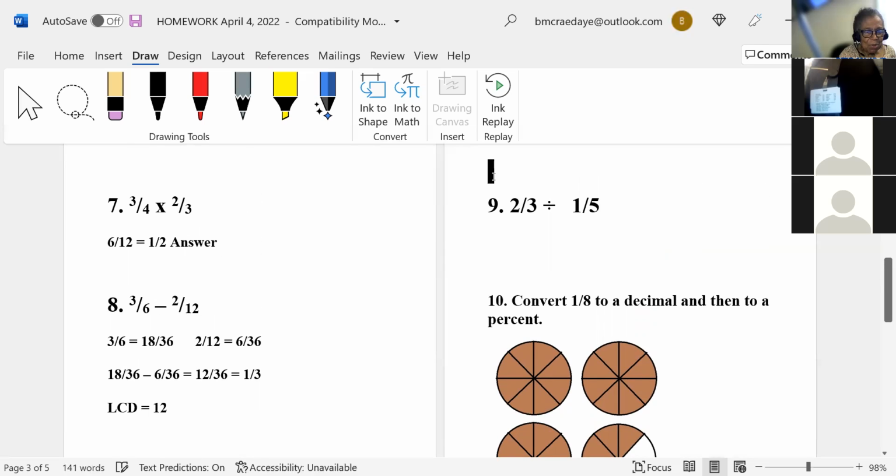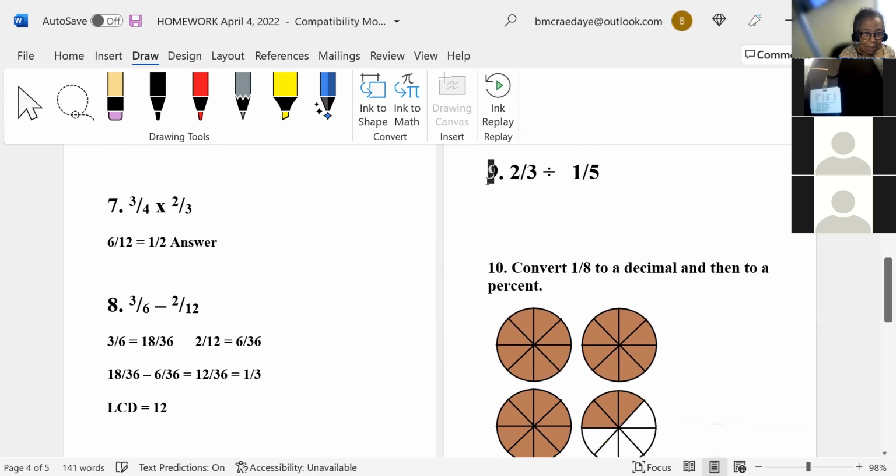Now, Maureen, I want you to do number 9. This is division, 2/3 divided by 1/5. So what's the rule for the division of fractions? You multiply? I think so. It's something you've got to do before you multiply.